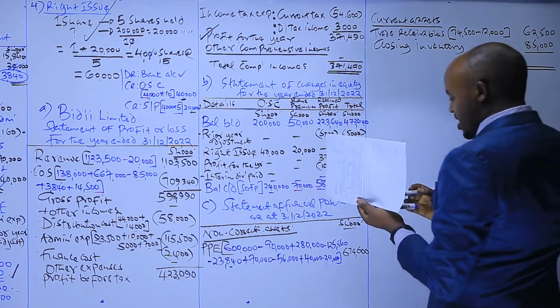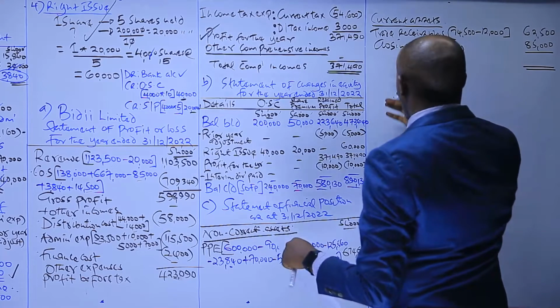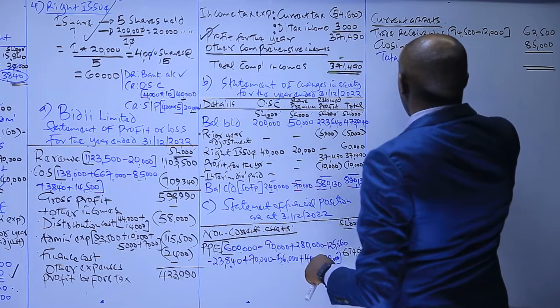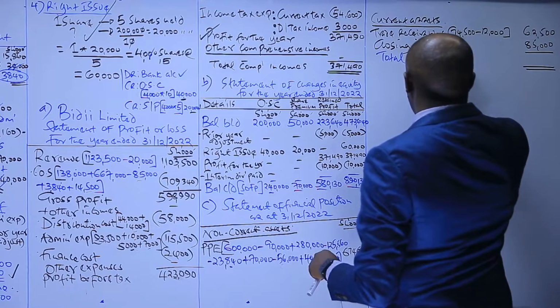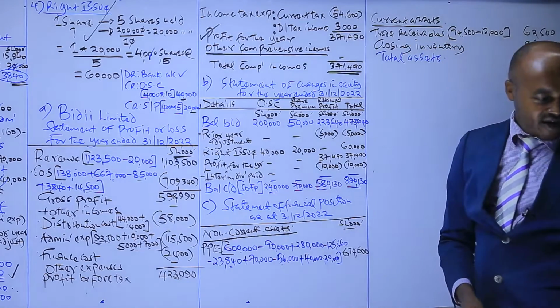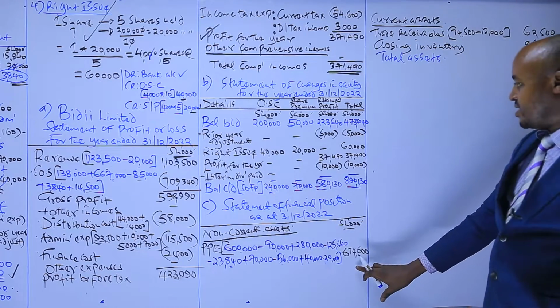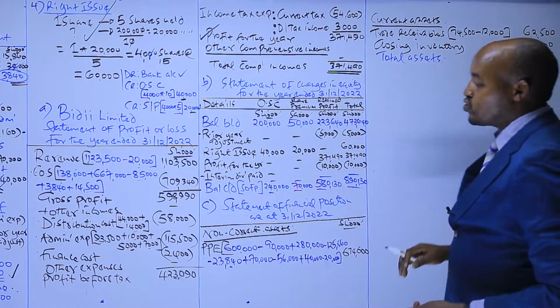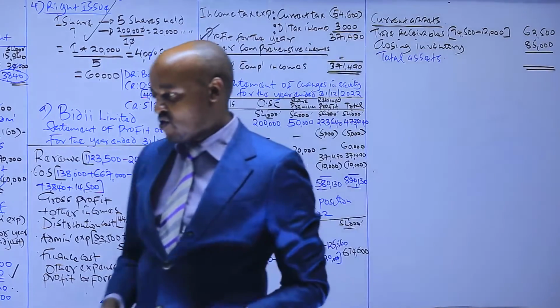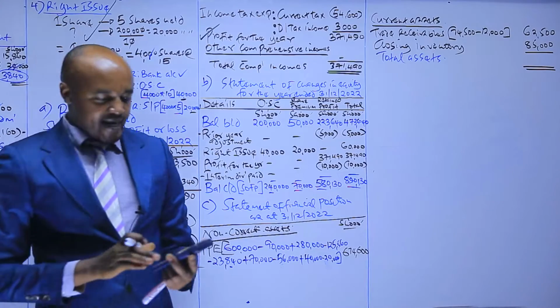So what we need to do now is to get the total assets. The total assets. So let's add these particular items, the PPE, and then the two items of current assets.